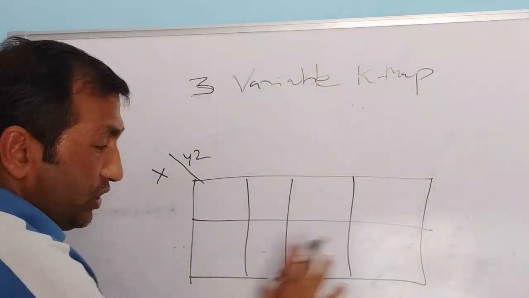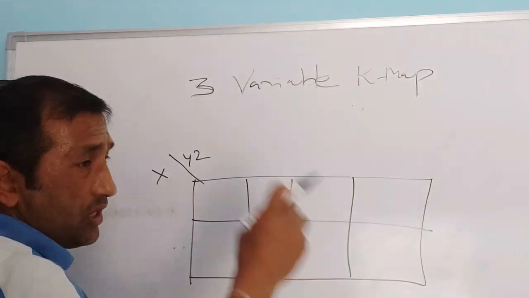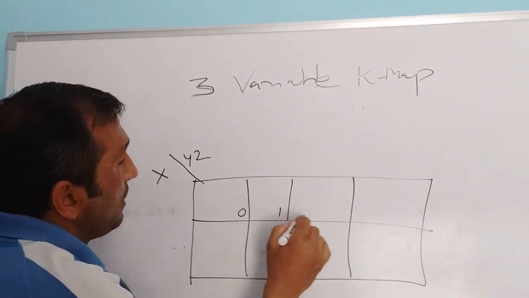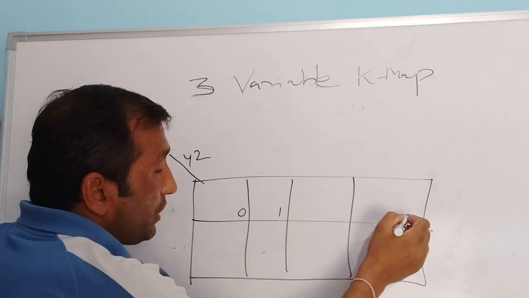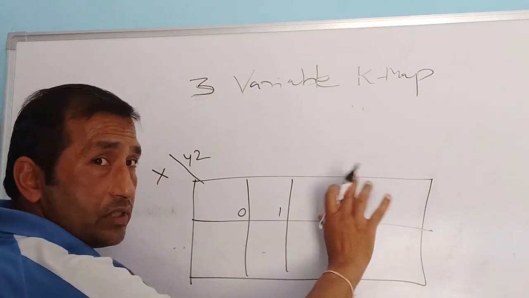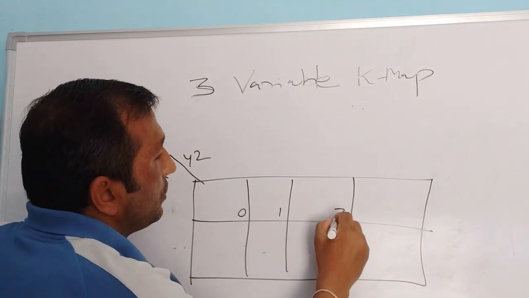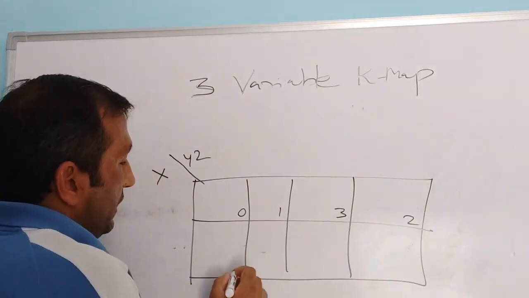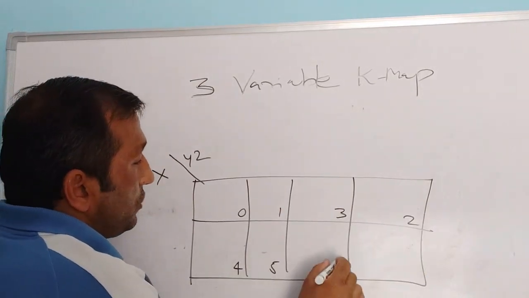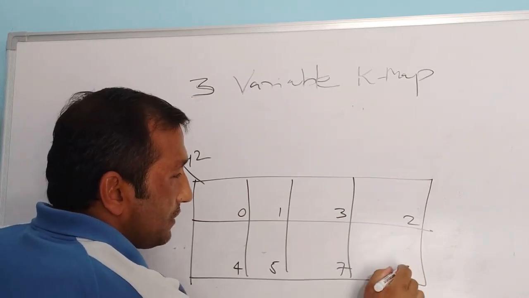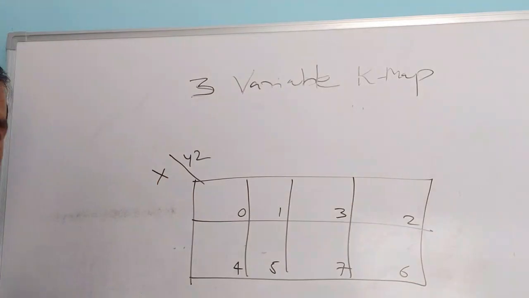Now straight away you do the numbering 0, 1, actually it should be 2, 3, but what you do? You just jumble the last 2 digits. It is 0, 1, 3, 2. Now in the second row 4, 5, it should be 6, 7, but no, the last 2 you jumble, 7, 6. So this is one trick by help of which you can easily do the gray coding of 3 variable K-map.